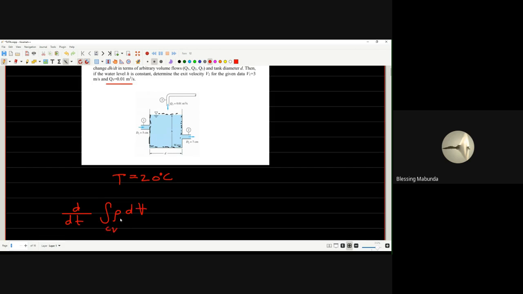This is density multiplied by the differential volume to give us mass, plus rho times Q2, the volumetric flow rate, since this is going inside the tank, and then subtract Q1 and Q3. And this is going to be equal to 0.